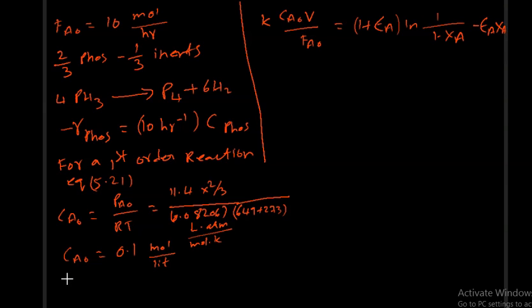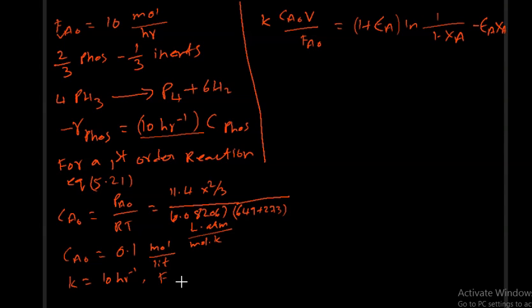For the K value, -Ra is equal to K into Ca. So K is equal to 10 hour inverse, and Fa0 is already given, as we have written here.